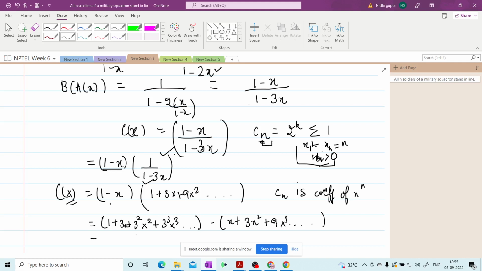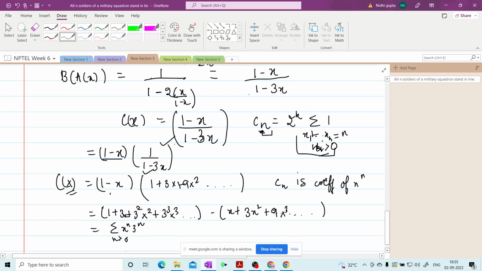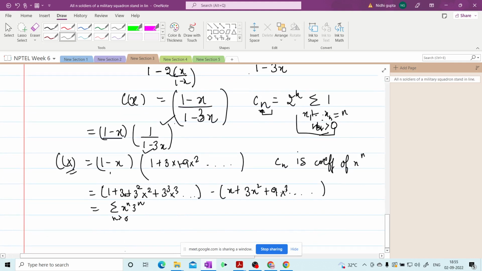So what will be the coefficient of x^n in this? It is 3^n for n greater than or equal to 0 from the first part, and from the second part, 3^(n-1), because this is 3 square and this is this. So now can you say what is the coefficient of x raised to the power n?